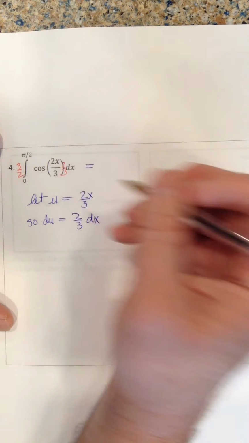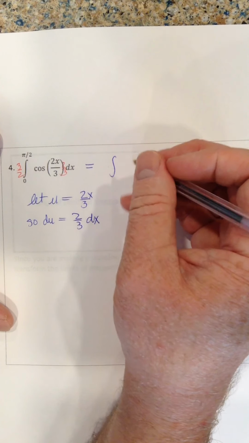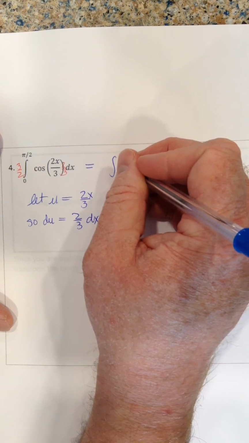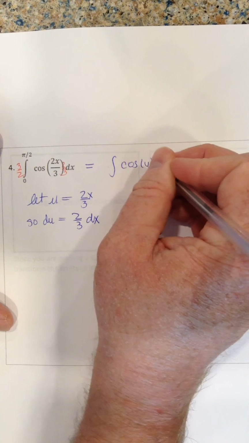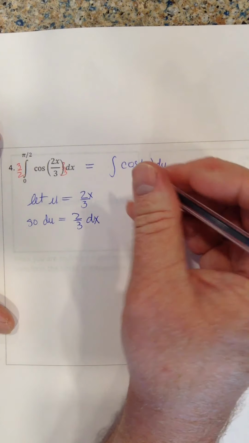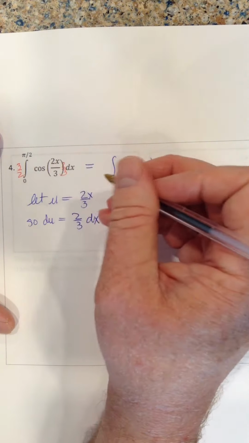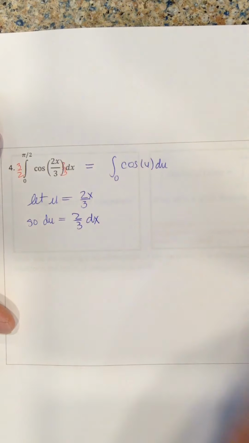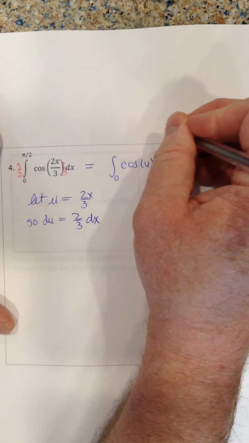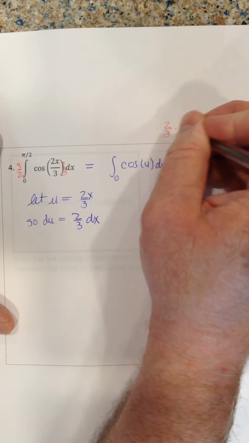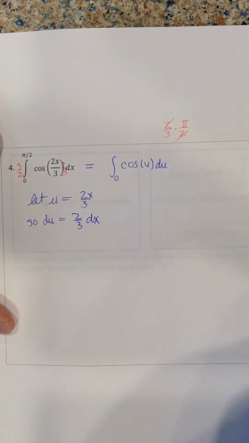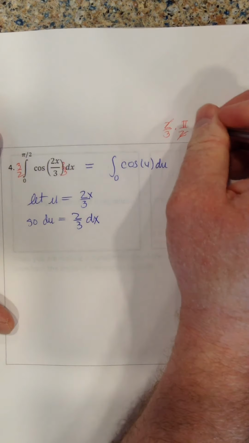And multiplying by 1 does not change a value. So again, new integral, cosine of u du. I'm changing my limits of integration, so 2/3 of 0 is 0, and 2/3 of pi over 2. Well, that might be tricky without a calculator, so I'm going to do 2/3 times pi over 2, the 2's cancel, that's definitely pi over 3.